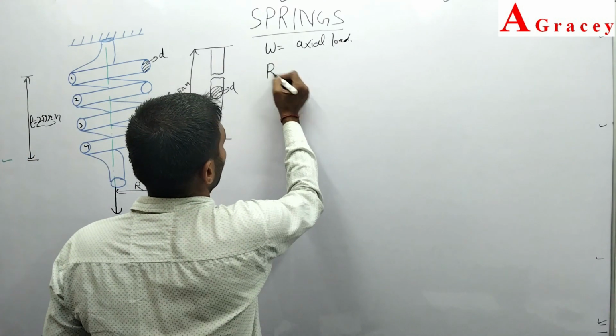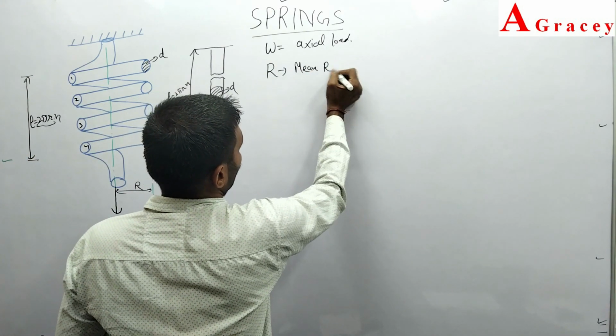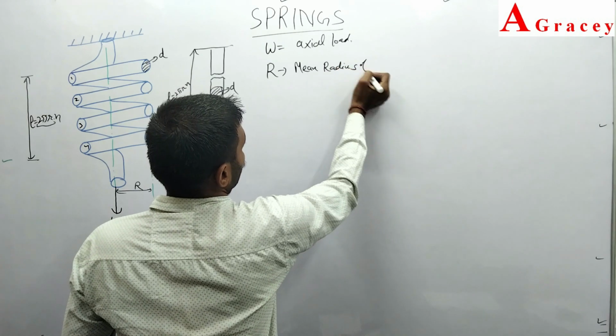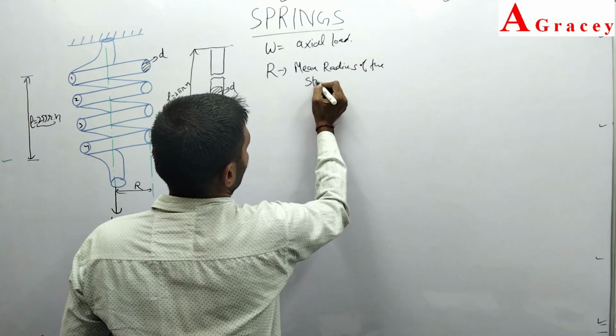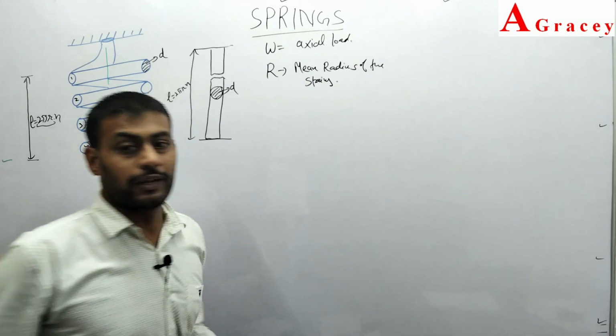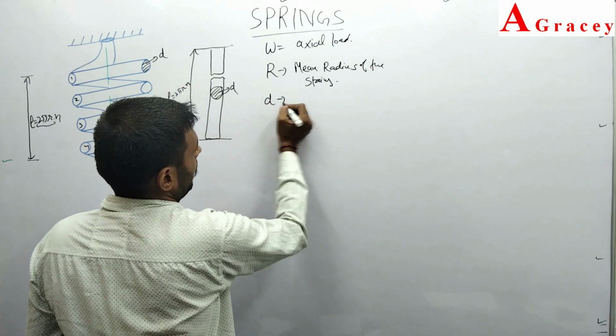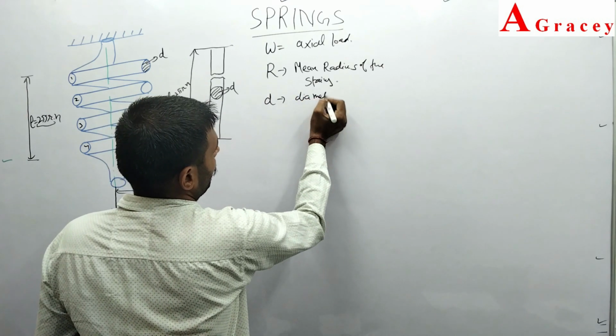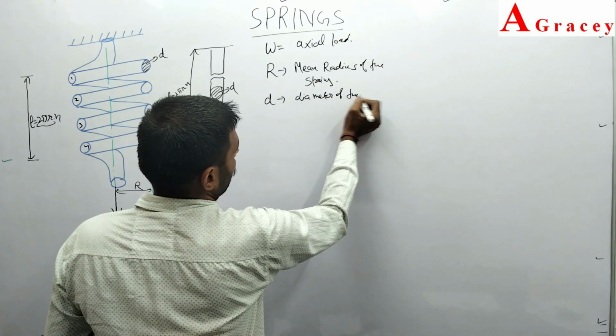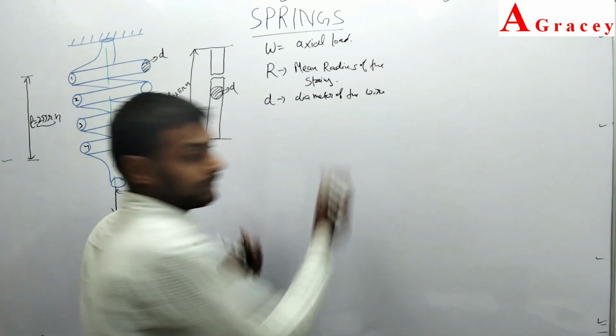R is the mean radius of the spring. Is it clear? And d is the diameter of the wire. Is it clear?